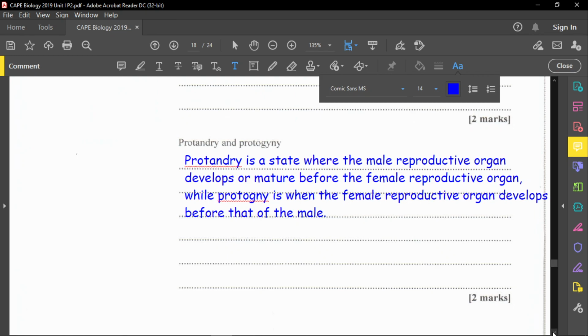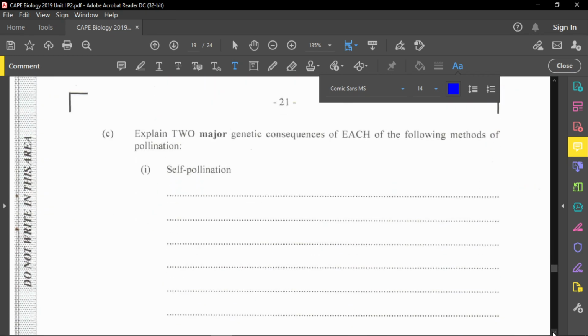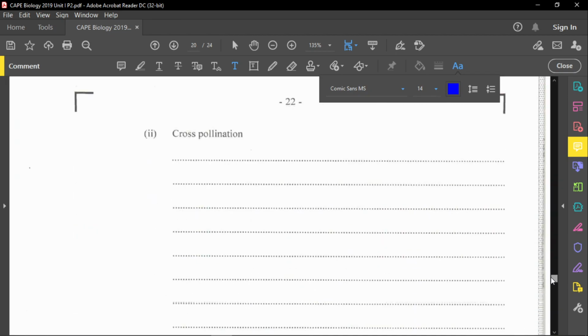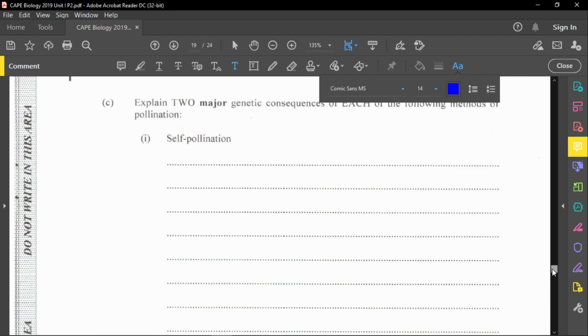All right, so now let's jump on to the next part of the question here, and this is the last part of the question: explain two major genetic consequences of each of the following methods of pollination. You know, actually I can only answer one of these, because it's self-pollination versus cross-pollination, right? Actually I could answer one and that's it. Why do I say that? Because if I answer one, the opposite is true for the other one because they're different.